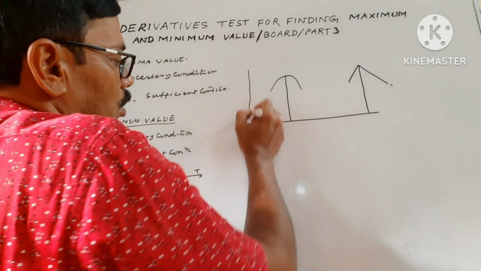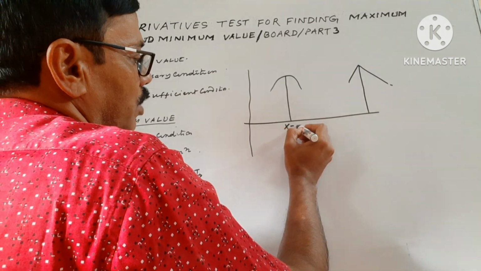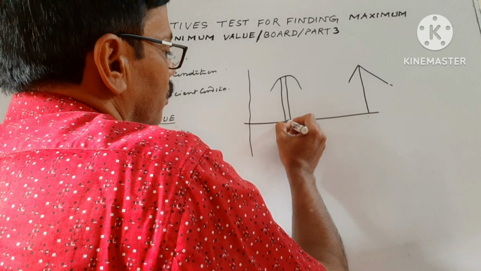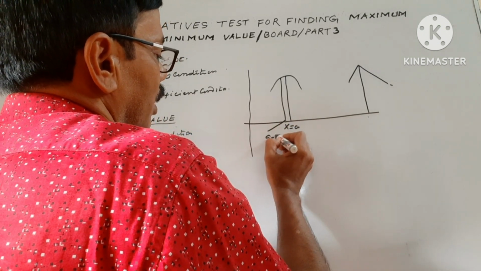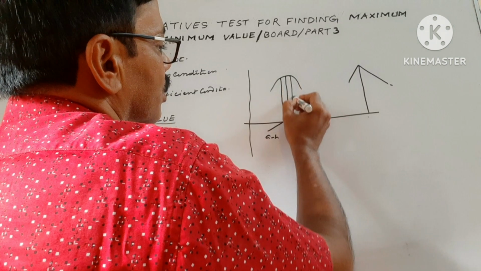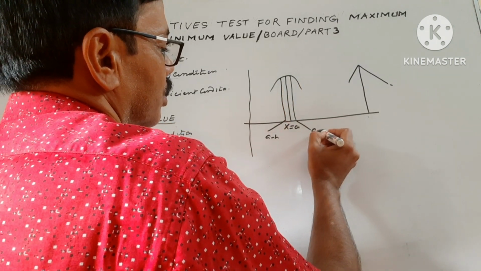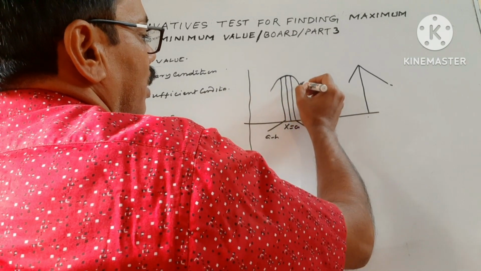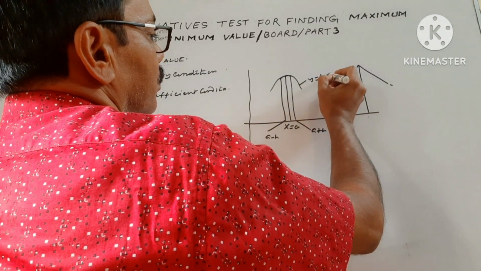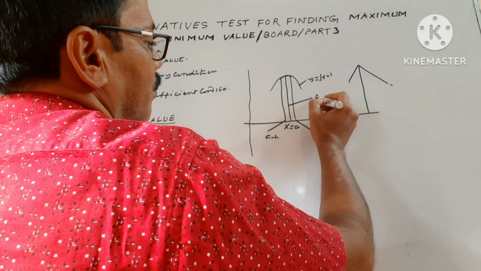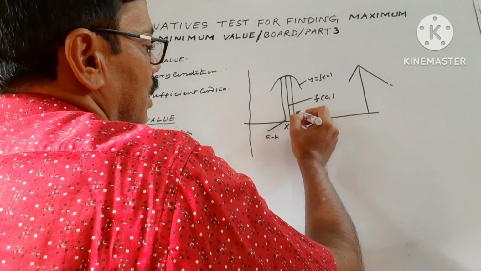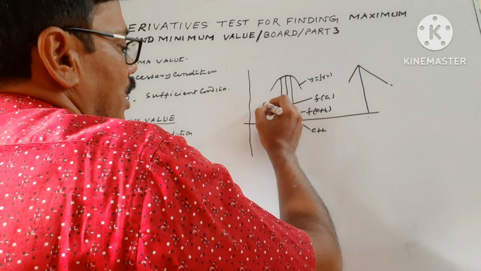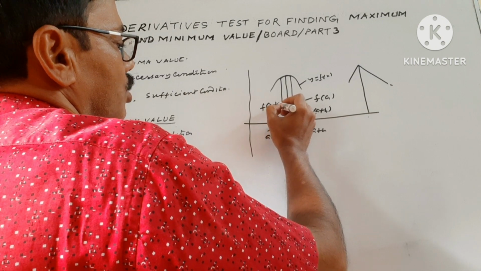Now, look, if it is x equals to a, then in the neighborhood, this is a minus h, and this is a plus h. So, if function is y equals to f(x), then it is f(a), it is f(a plus h), and it is f(a minus h).